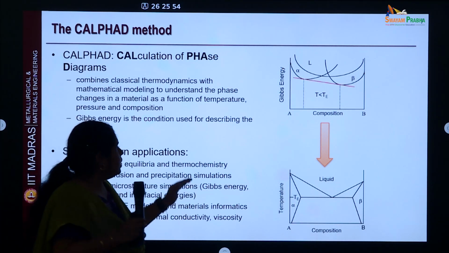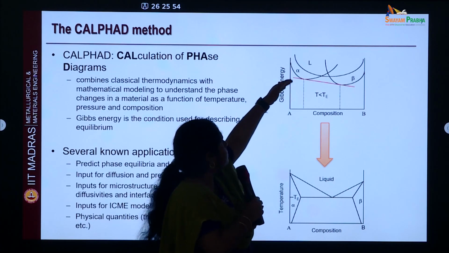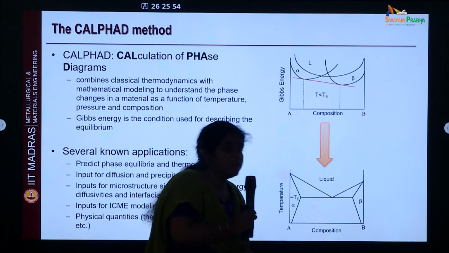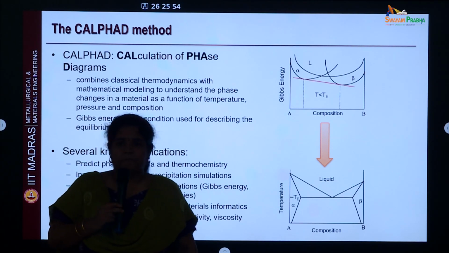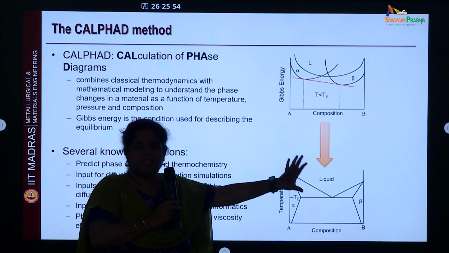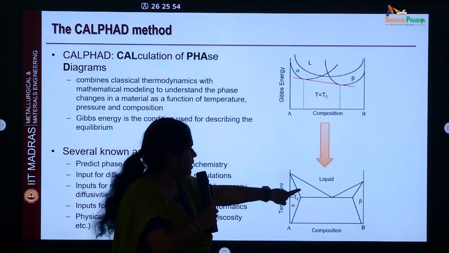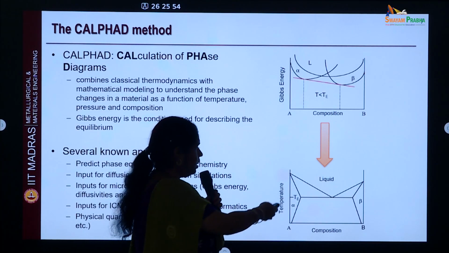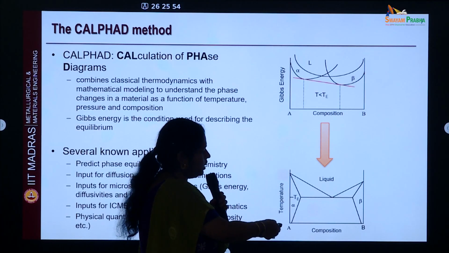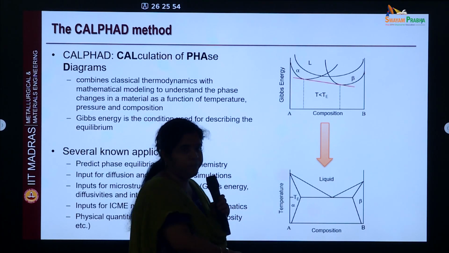That's it. Now you draw common tangents for the Gibbs energy curves between different phases and get something known as phase diagrams. It is a map of phase transitions or phase changes in a material. What we see here is that from liquid, at this composition, the liquid transforms directly to a solid, which is alpha plus beta.